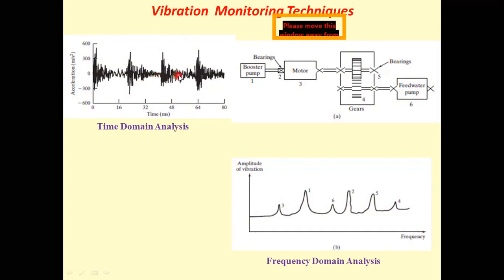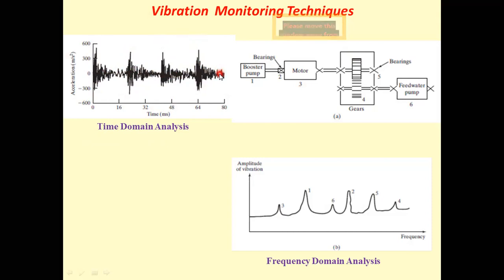So the time domain analysis uses a time history of a signal or a waveform, and the signal is stored in an oscilloscope or in a real-time analyzer, and any non-steady or transient impulses are noted. If you see, there are impulse responses: this is the first impulse response, this is the second, this is the third, this is the fourth. And these are some steady responses.